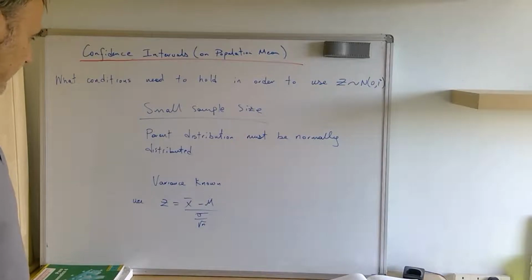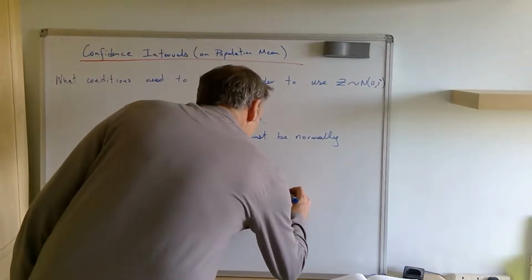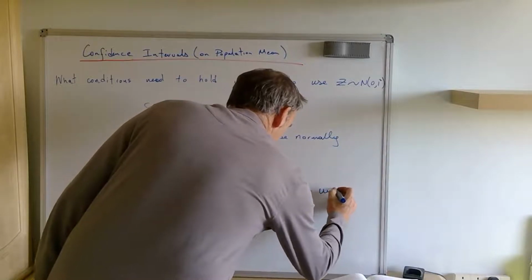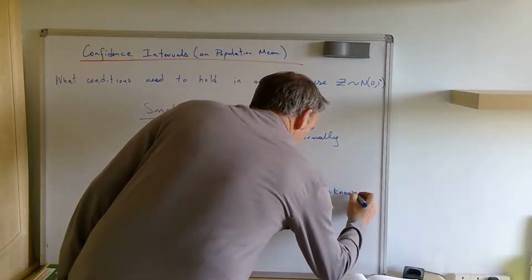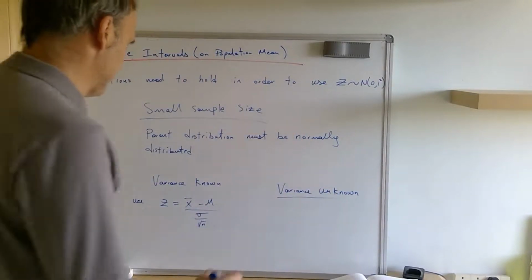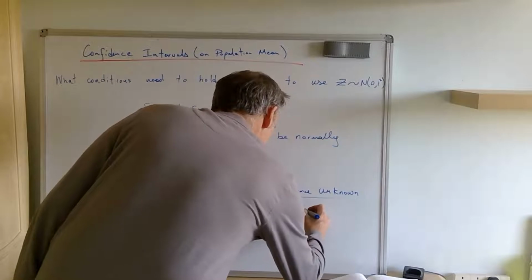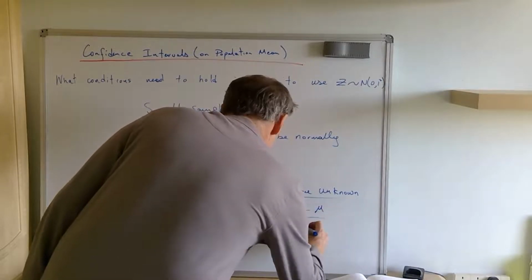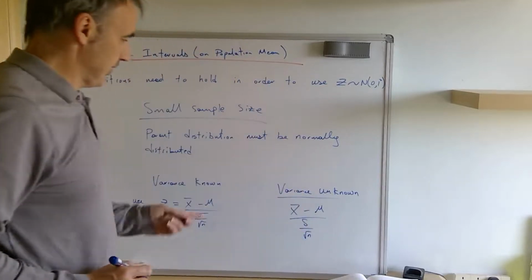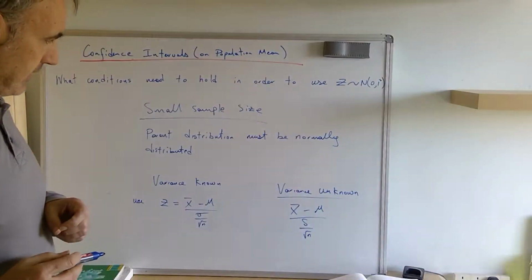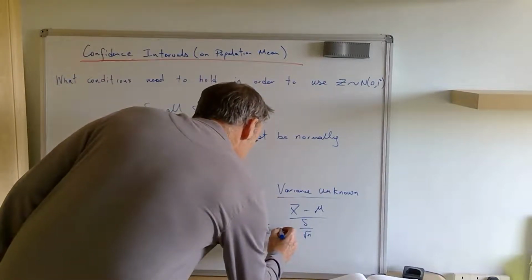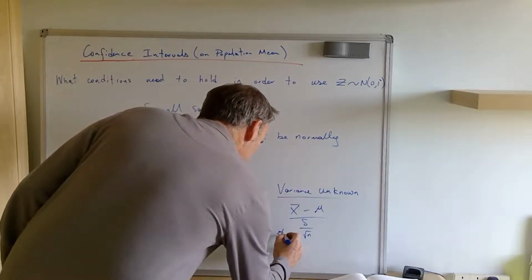Okay, now if the variance is unknown, which again in practice it will be, unfortunately, or fortunately, this statistic here is not normally distributed, and that's where we would use the t distribution.